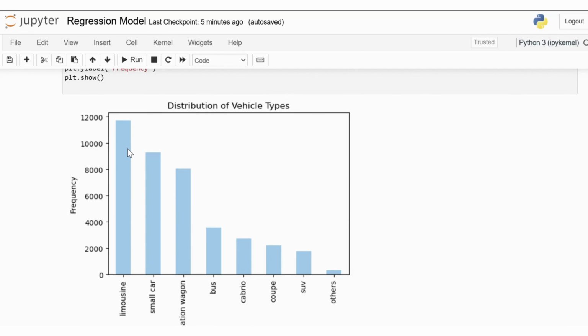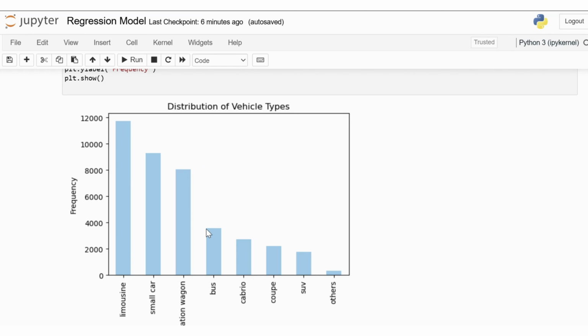The limousine vehicle type has the highest frequency, with over 11,000 cars. It is the most common type in the dataset. The second most frequent vehicle type is small cars, with around 9,500 cars. The station wagon type has a frequency of approximately 8,000 cars, making it the third most common vehicle type.